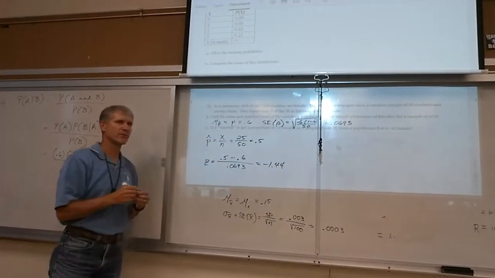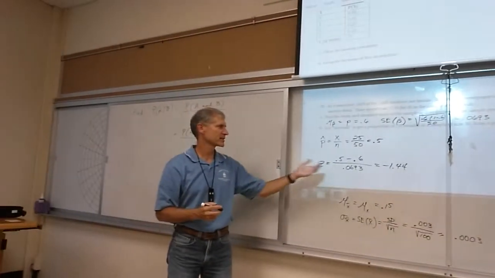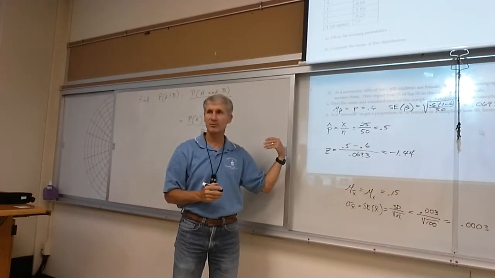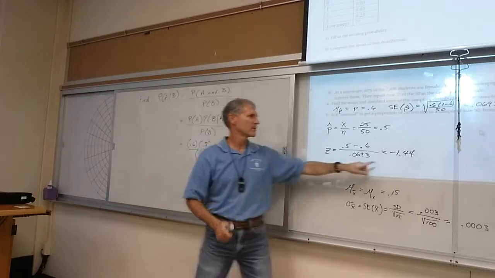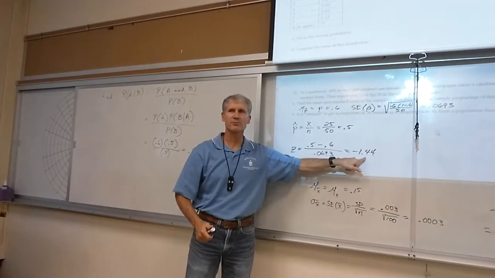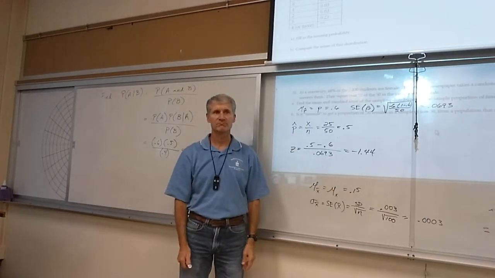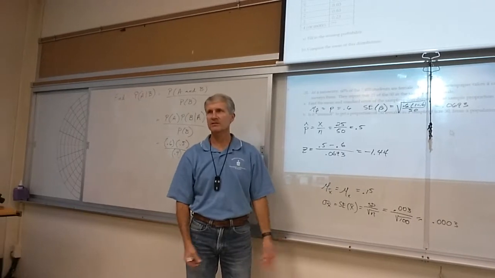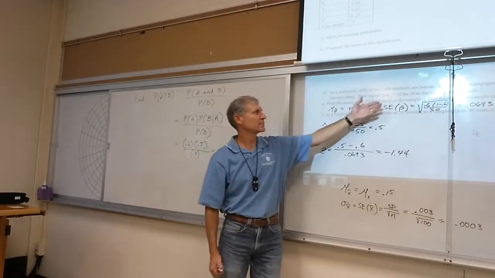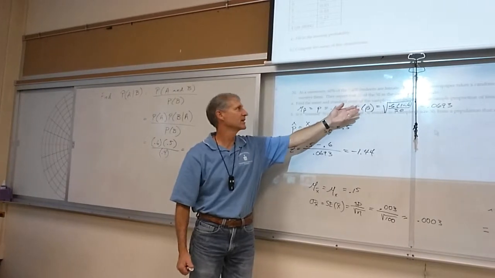Negative 1.44. The negative just tells us that it's less than the population proportion, so that's not a big deal. But it's 1.44 standard errors below. Is that unusual? No. So the answer is no, that's not unusual to get 50% in your sample of size 50 when the population has 60%.